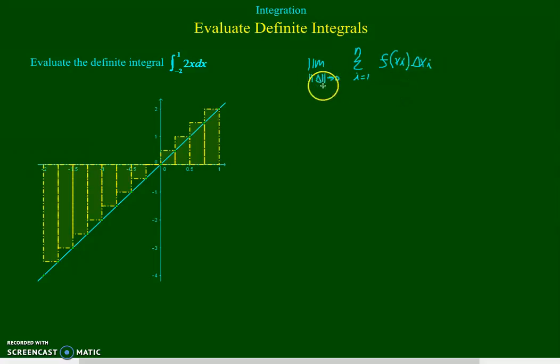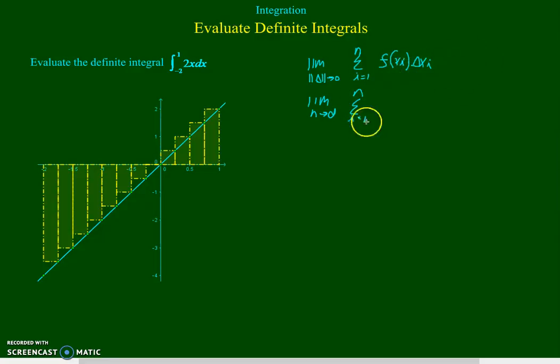As we stated in the definition of definite integrals, as this norm of the partition goes to 0, the number of subintervals is going to infinity. So this implies the limit as n approaches infinity of the sum of i equals 1 to n of this quantity.